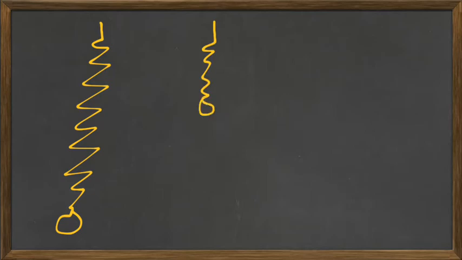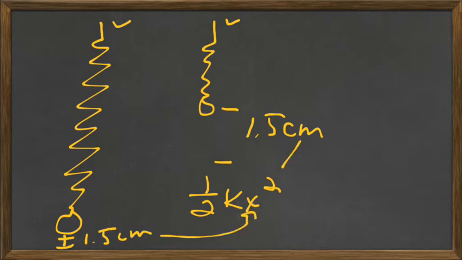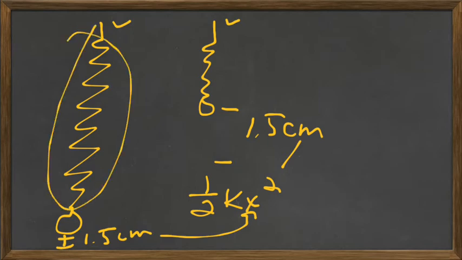You can kind of tell that one's a little longer than this one is. But if for this one I stretch it 1.5 centimeters, and this one I stretch 1.5 centimeters, as I go into my formula, 1/2 kx squared, both would have the same x value. So it's not what the relaxed length is to start. That's actually irrelevant. It's what is the change.